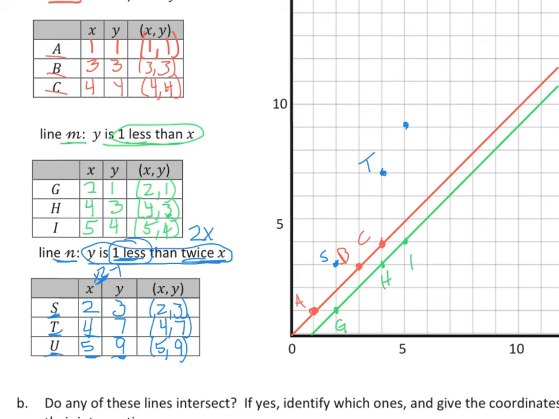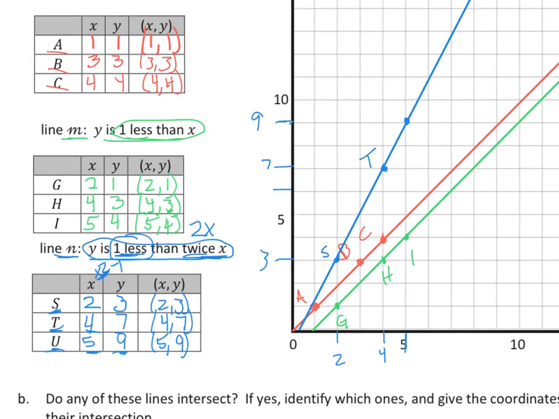And I want to double check myself. That's 6, 7. So 4, 7. This one is 2, 3. And I have 5, 9. And there's my line to go in there after I checked it.